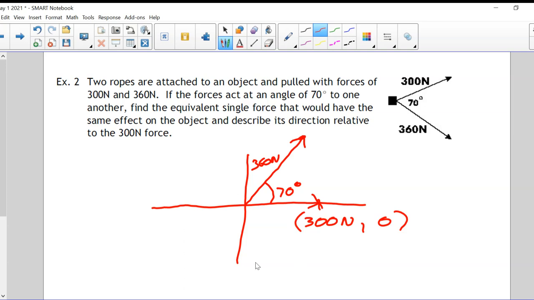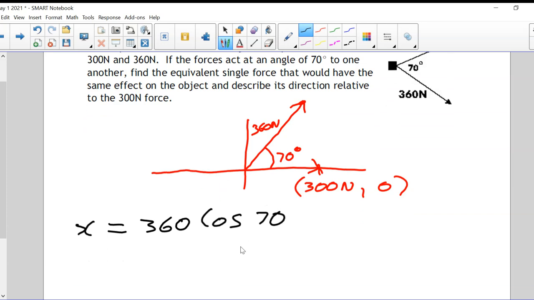To find the x component of this 360 vector, the x component is my cosine: we took the 360 times the cosine of the angle you're making with the x-axis, so cosine of 70. And the y component is equal to the same 360 multiplied by the sine of that 70 degrees. Okay?